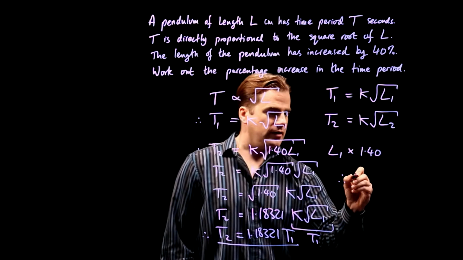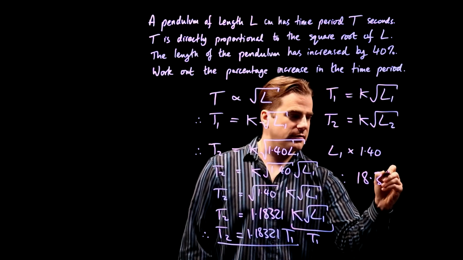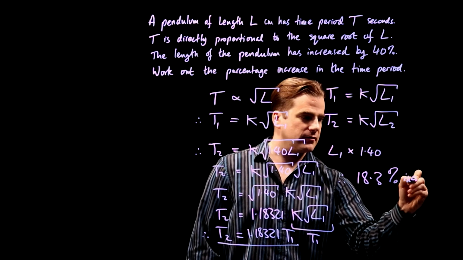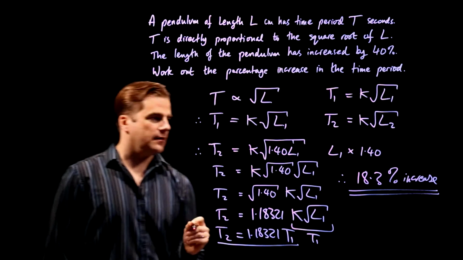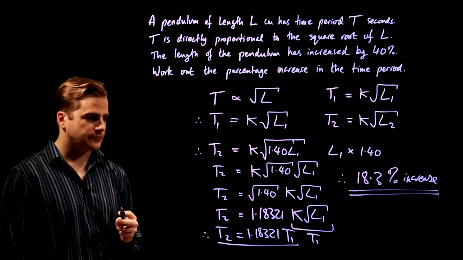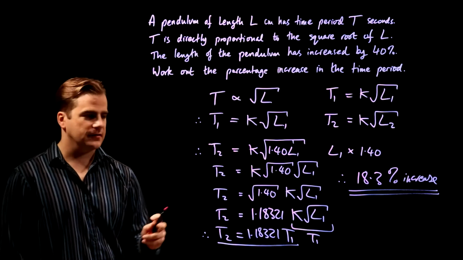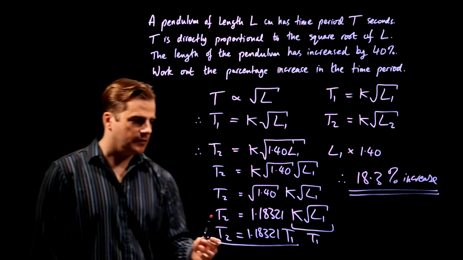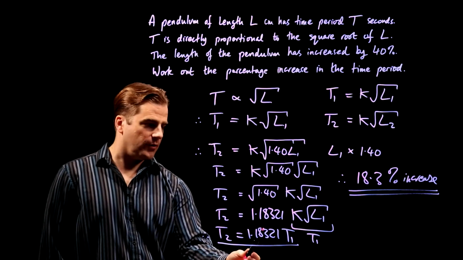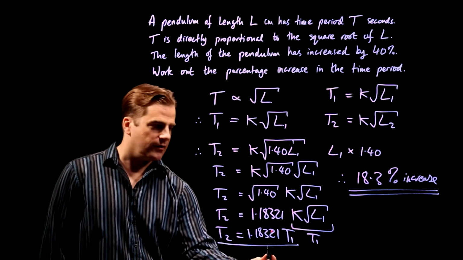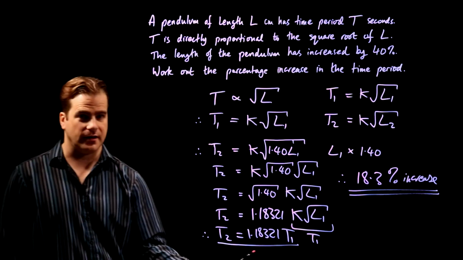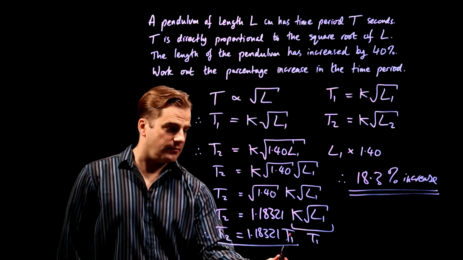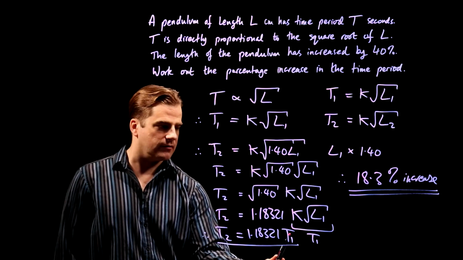So therefore, it's an 18.3% increase. And that's the answer. Okay, does that make sense? T2 equals 1.183 whatever. So that 2 leaves the 3 alone. So it's an 18.3% increase times the old time period.